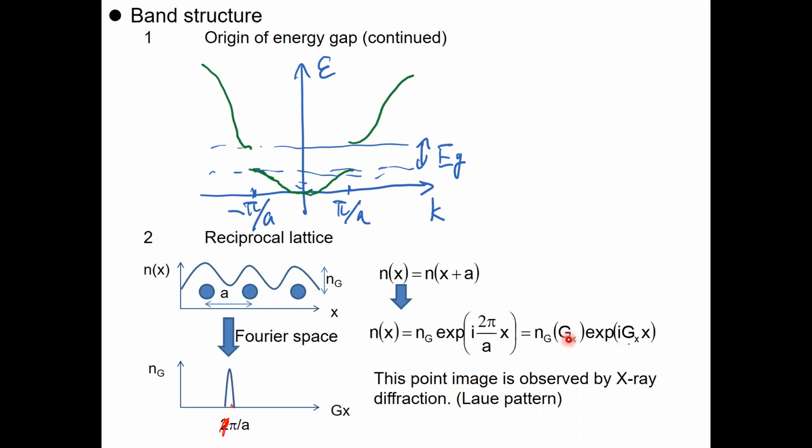And this G is called the reciprocal lattice. And these points can actually be observed by X-ray diffraction, and it is called a Laue pattern.